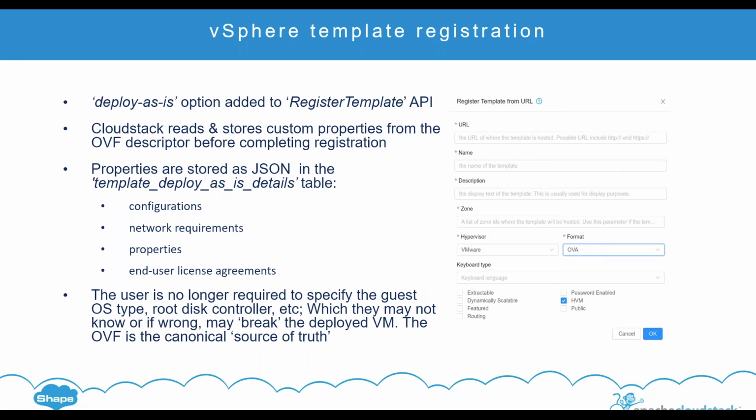And we're storing all those configurations, the network requirements that are in there, the custom properties, and the end user agreements. And if anyone's ever opened up an OVF, the descriptor which goes with any appliance, there can be a lot in there asking and requiring lots of different things. You need to fill those out, and they can be long-winded, and you'll see them in a bit, but we store all of that to be used later.